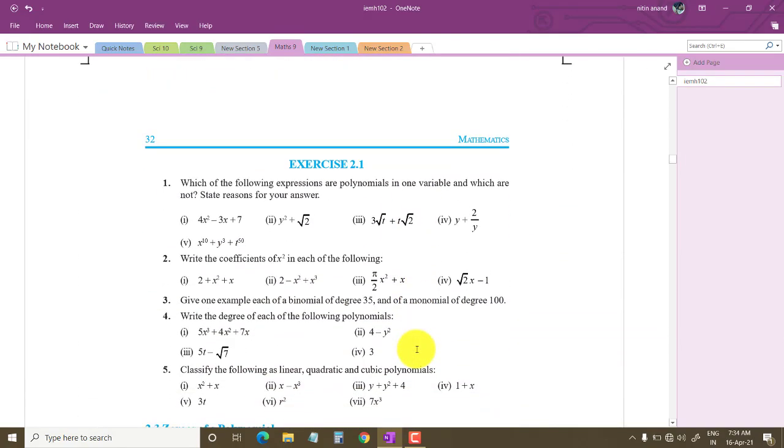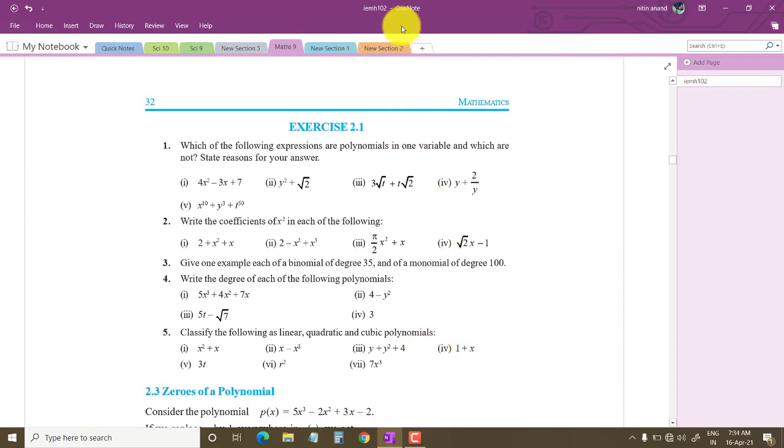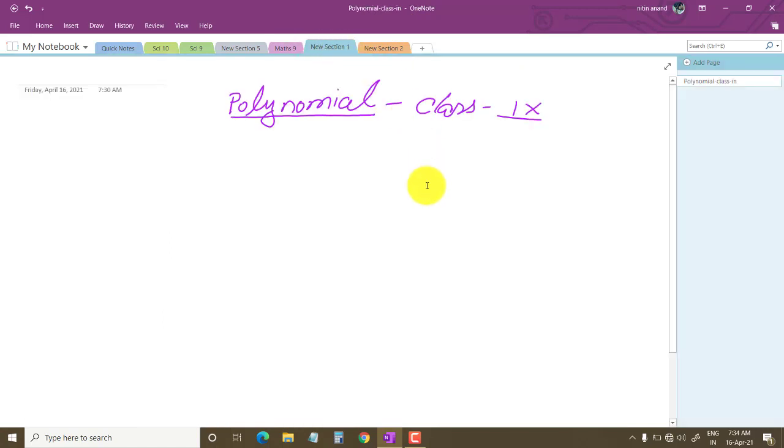But before starting, we discuss some points once again. For example, what is the condition for a polynomial? Which types of expression will we say is a polynomial of one variable? First of all, suppose there is any polynomial in terms of x.